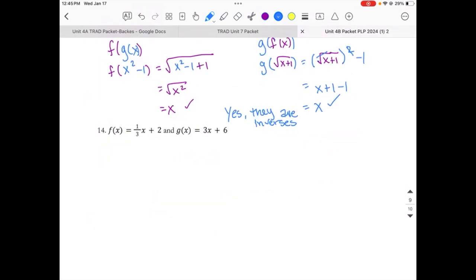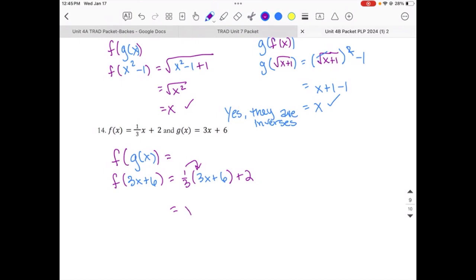Okay, same with the next one. We're going to do f of g of x, which is f of 3x plus 6, which means it's 1/3 times 3x plus 6 plus 2.